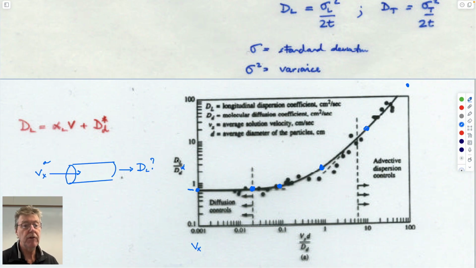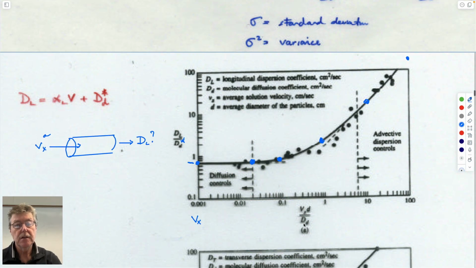So it's a ratio of numbers that has no units. It's dimensionless. And you plot the value of this velocity. You also non-dimensionalize it, by dividing it through by the diffusion coefficient. And you see exactly this behavior.